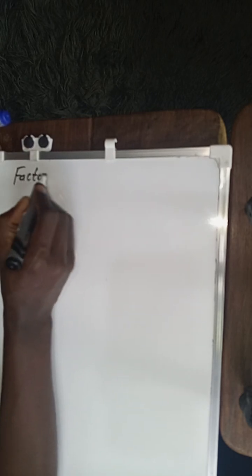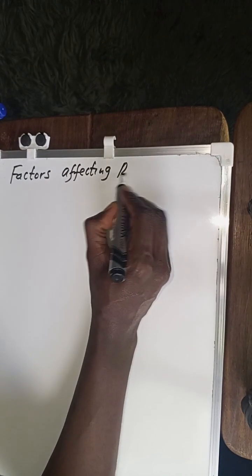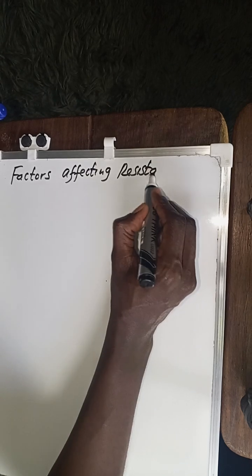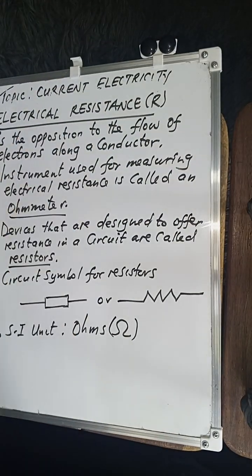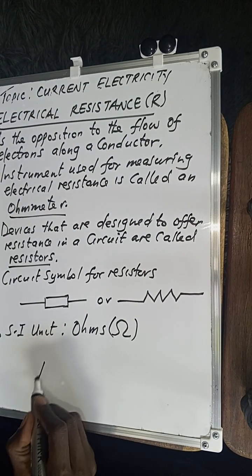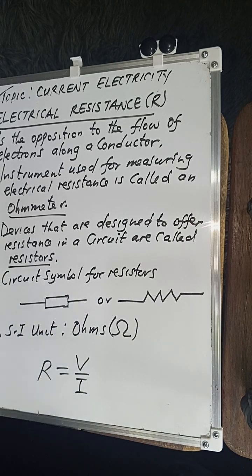So factors affecting resistance. Of course, if I can just take you back to what we learned under Ohm's law, we know that resistance is equal to voltage divided by current.